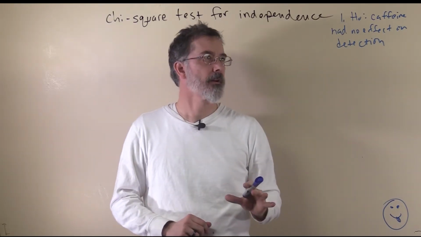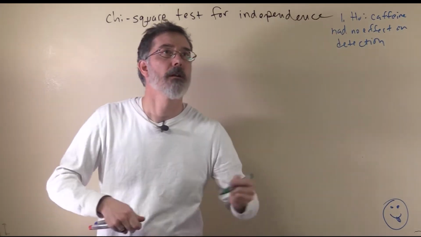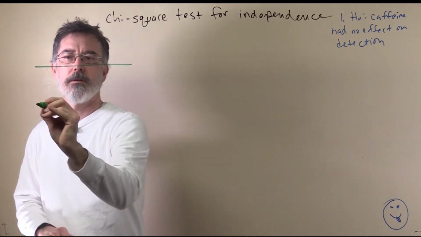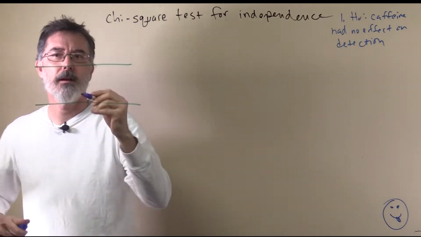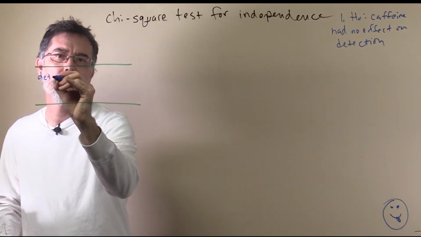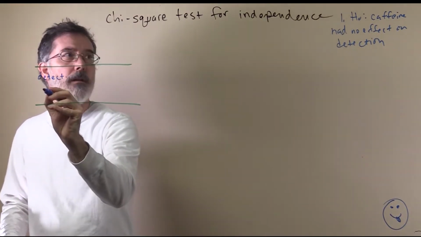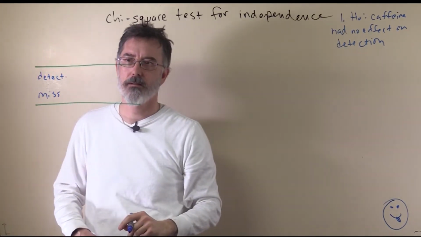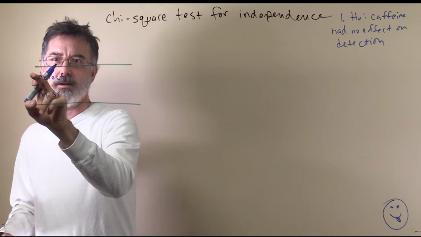And then the next thing we're going to do is look at our observed data. So I'm going to create some data here and put it in a table. So we'll say there is some people who detected the smiley face, and we'll put a miss for people who didn't detect the smiley face. So everybody for their outcome variable is either going to be here or here.